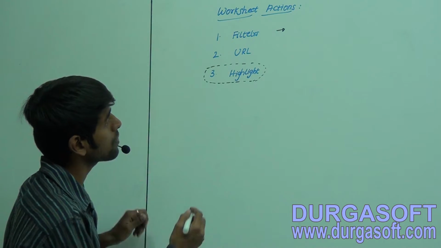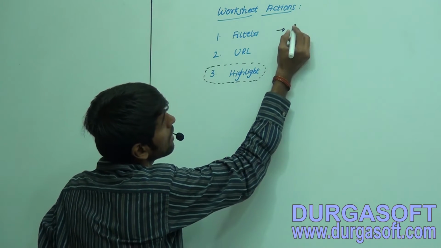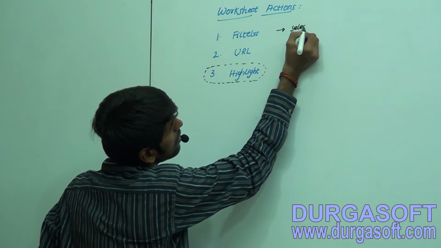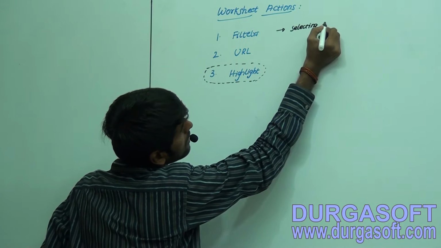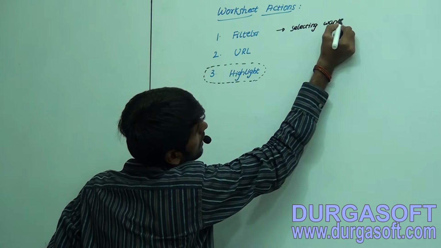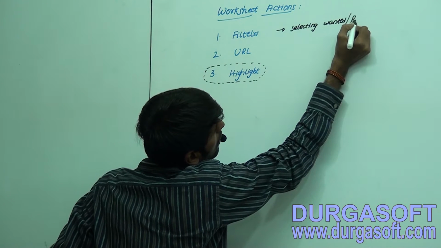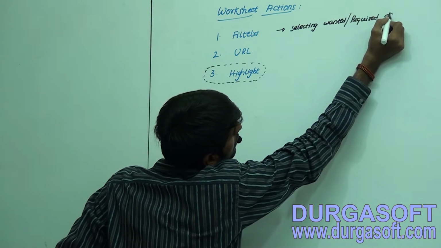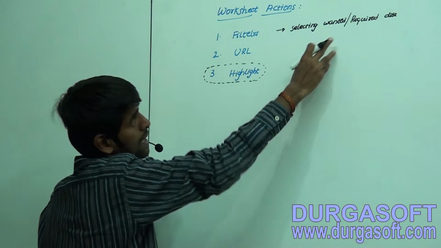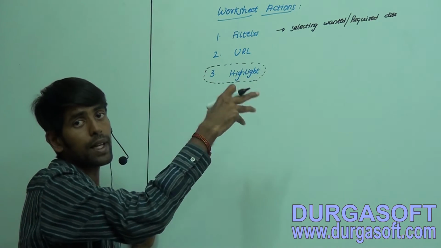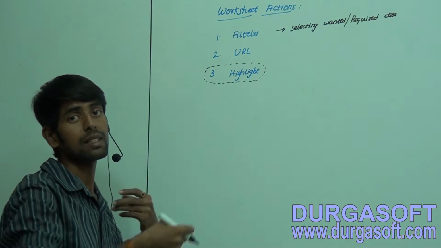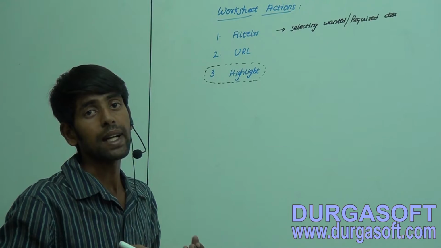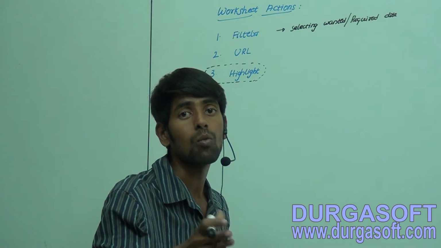Let me give the definition for this one. What is a filter? Selecting wanted data, or required data. And the same meaning, how can I convey the same statement, can be written as restricting unwanted data, right?